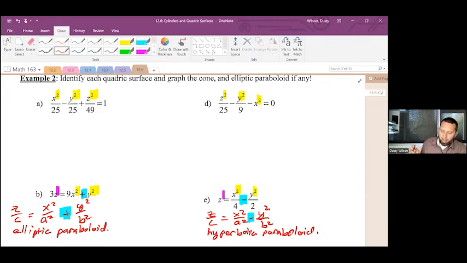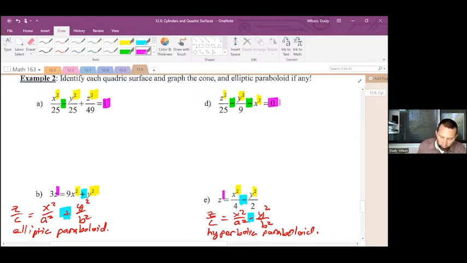If I look back at A and B, what I want to point out is the number of negatives. Notice there's one negative in A and two negatives in B. And in the first case, we're equal to 1. In the second case, we're equal to 0.